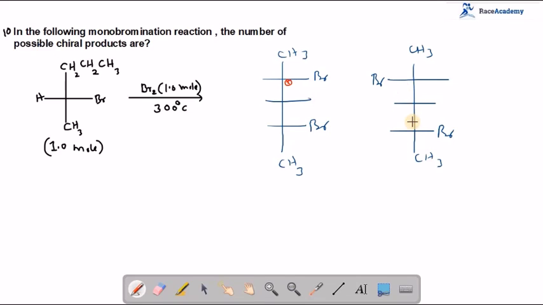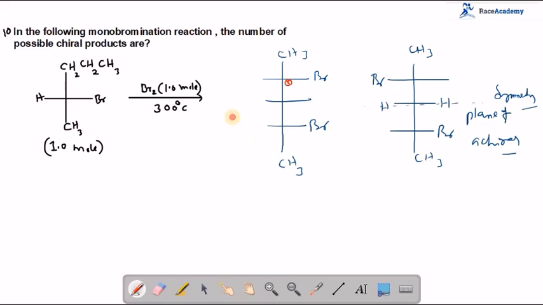But here the concept is plane of symmetry. Because of the plane of symmetry, we can't consider that there are two chiral carbons; this compound will be considered achiral. So this is not chiral, it is achiral due to the plane of symmetry.